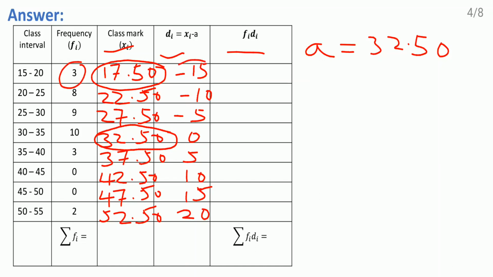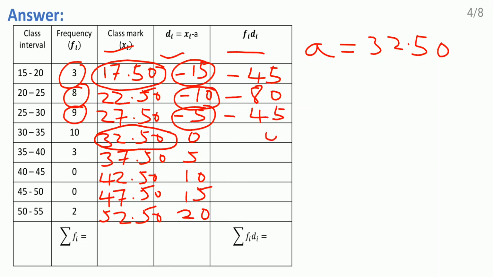This number into this number, which is minus 45. 8 and minus 10. Minus 80. 5 and minus 9. This is minus 45. This one is 0. 3 fives are 15 here. 10 and 0 is 0.